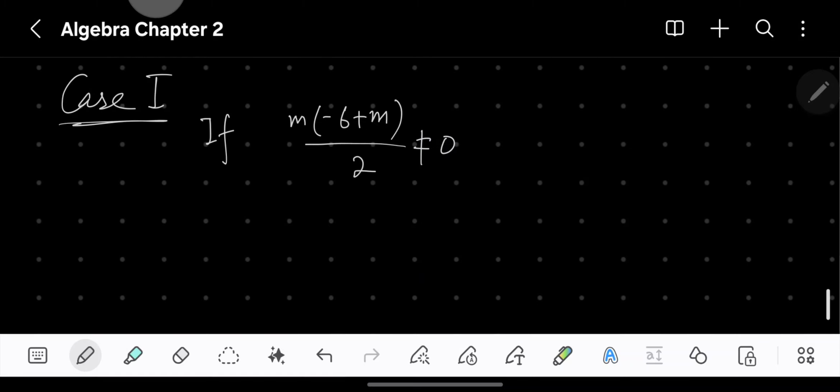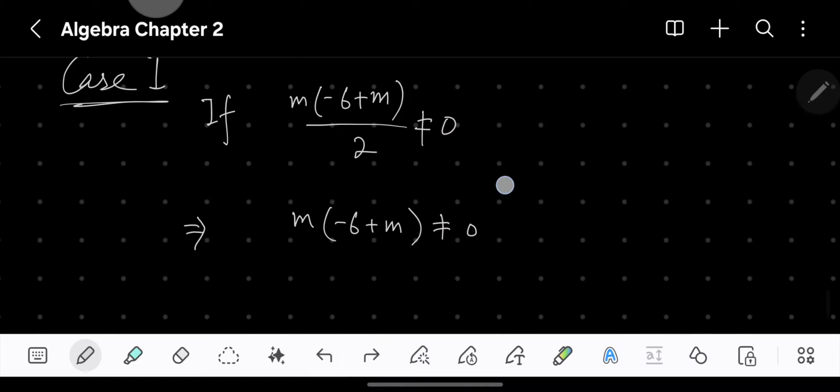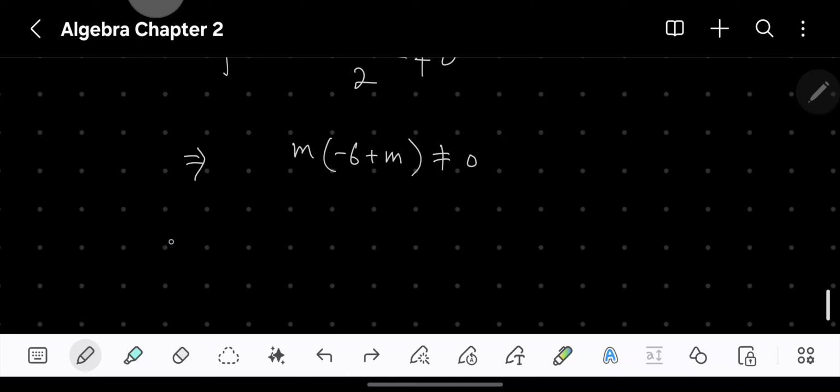So I will consider case 1: this is not equal to 0. What does that mean? This means m times minus 6 plus m is not 0. I am not sure about it, so I will just write this value. These things can only be 0 if this is 0 or this is 0. So I will write that neither m is 0 nor minus 6 plus m is 0.